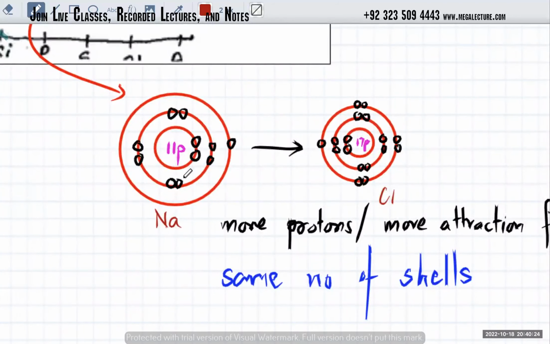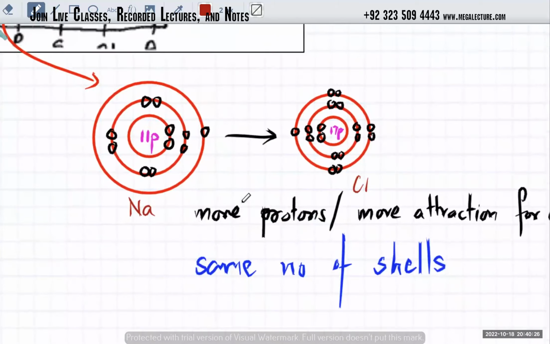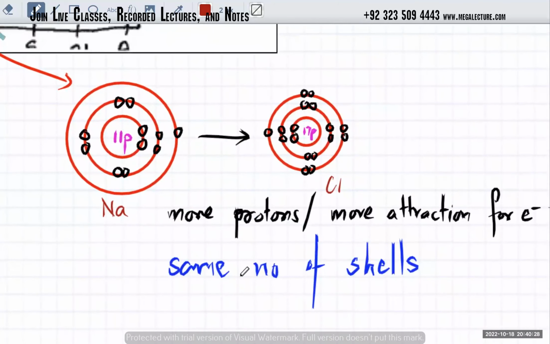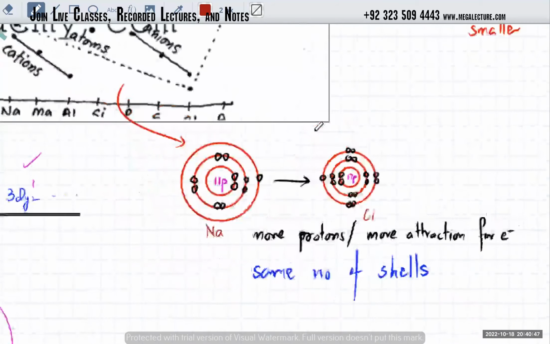With more protons there's more attraction for electrons, and the number of shells is the same, so the size of the atom shrinks. The electrons are closer to the nucleus. Is that clear? The size of the atom decreases across the period.